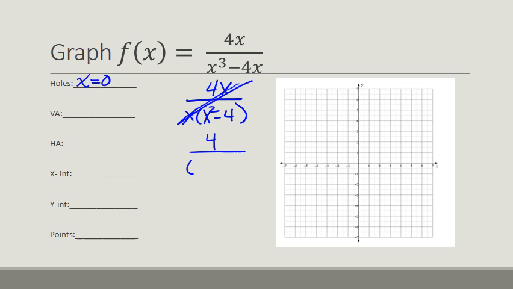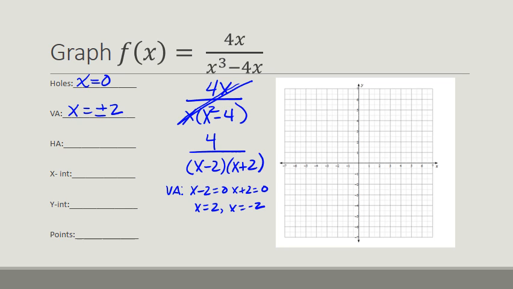And then the bottom factors to x minus 2 and x plus 2. Okay. My vertical asymptotes, I set these equal to 0, x minus 2 equals 0, x plus 2 equals 0. So x equals 2 and x equals negative 2 are my vertical asymptotes.